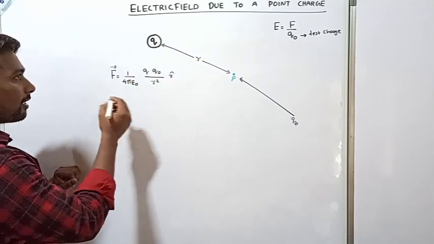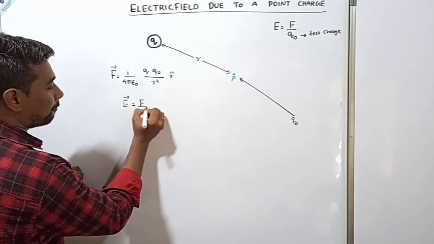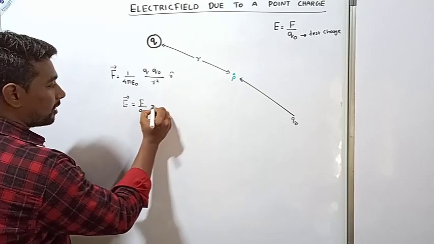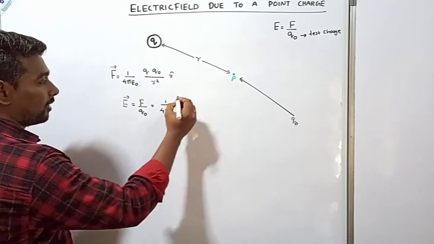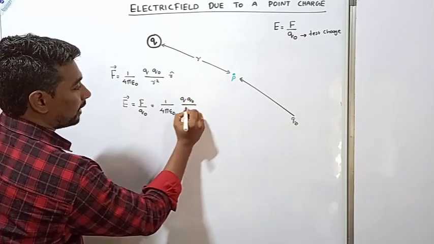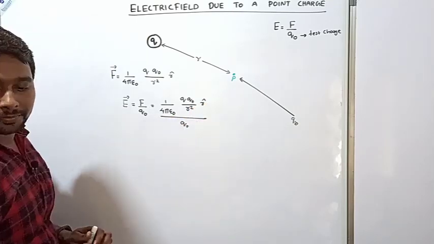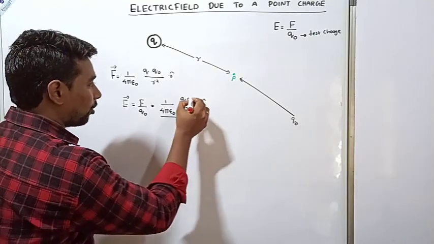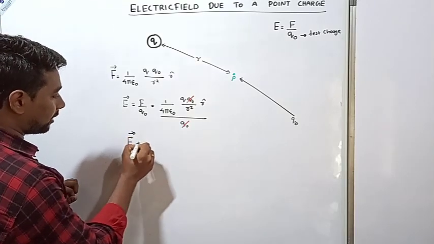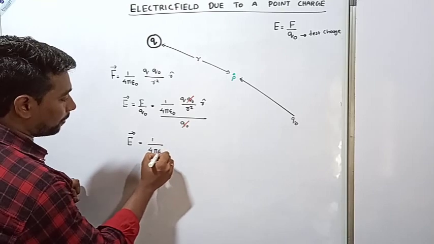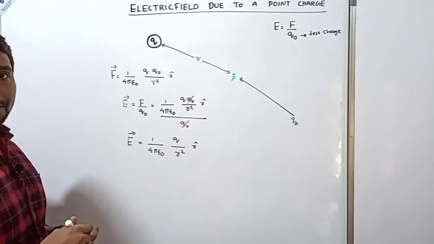Then electric field is equal to F by Q naught, which is 1 by 4 pi epsilon 0, Q Q naught by R squared R cap, divided by Q naught. You can cancel this Q naught and this Q naught, and write electric field is equal to 1 by 4 pi epsilon 0 Q by R squared R cap.